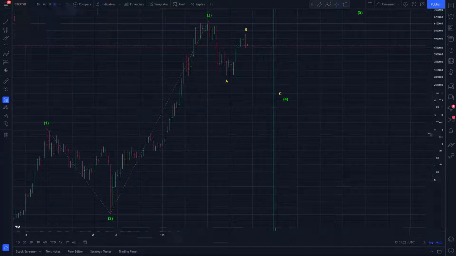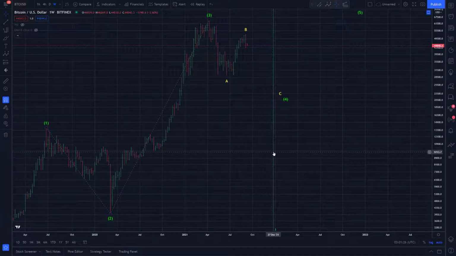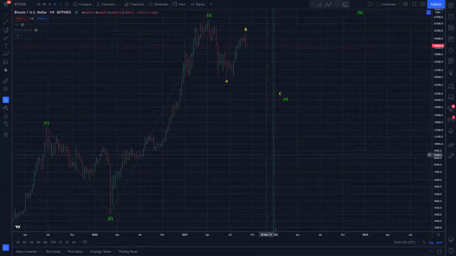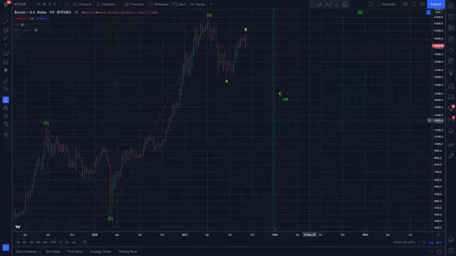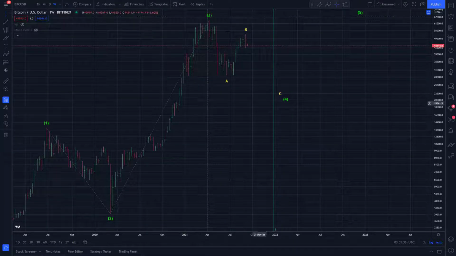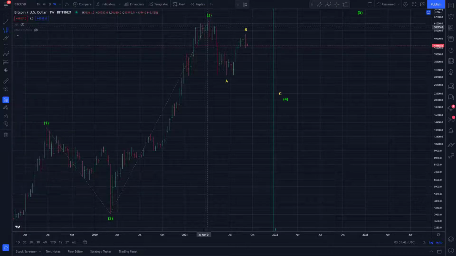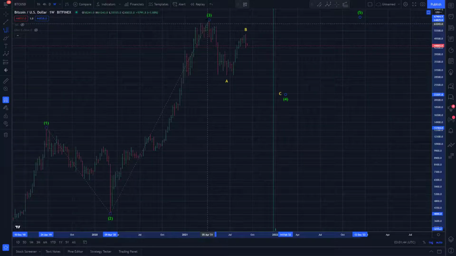And it doesn't take a whole lot of searching to find that you often get important either highs or lows around that time, December, January time frame in Bitcoin. So I like that we have some relationship or confluence lining up there. Then we can just simply take the amount of time. So I'm calling this 1, 2, 3, 4, 5 down for the initial wave A of 4.